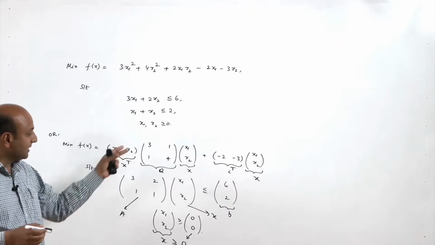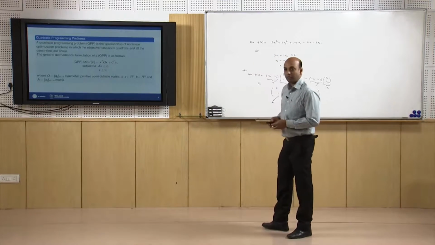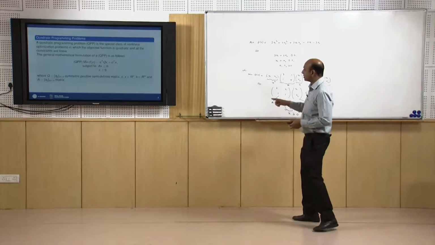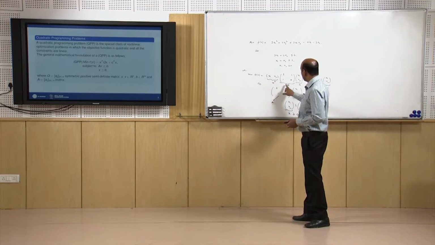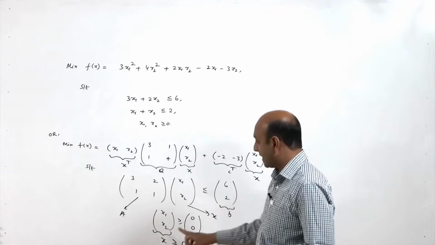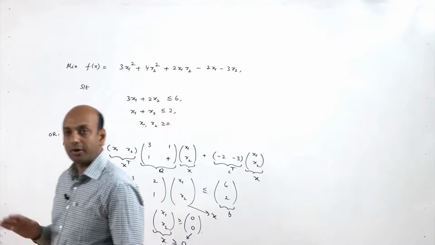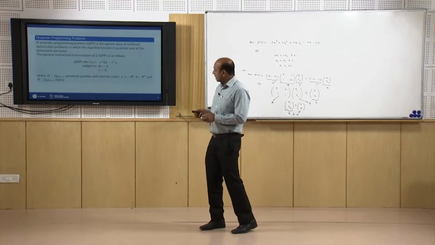So, this is the same format which we discussed: minimize the function f(x) equals x transpose Qx plus c transpose x, subject to Ax less than or equal to b and x greater than or equal to 0. So, we can say that this problem is a quadratic programming problem.